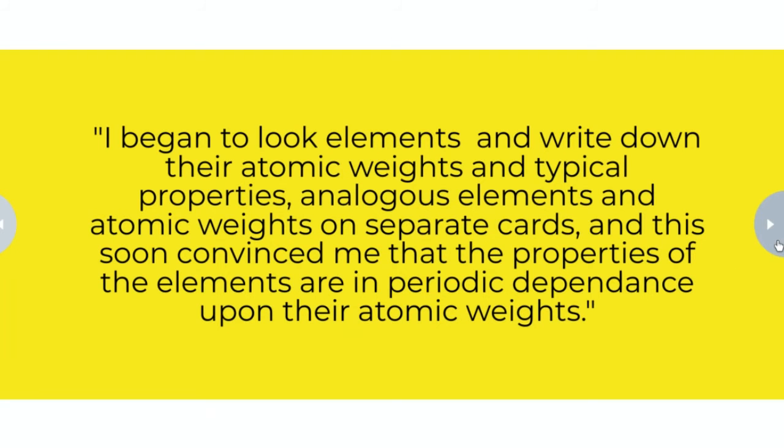And here is Mendeleev's early form of the periodic table. This doesn't remind us of the periodic table we use today, because the elements are going up and down, whereas we have it going across.